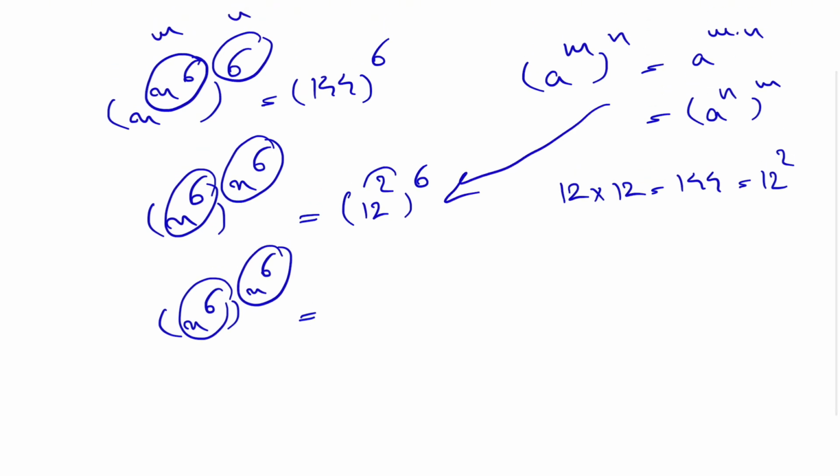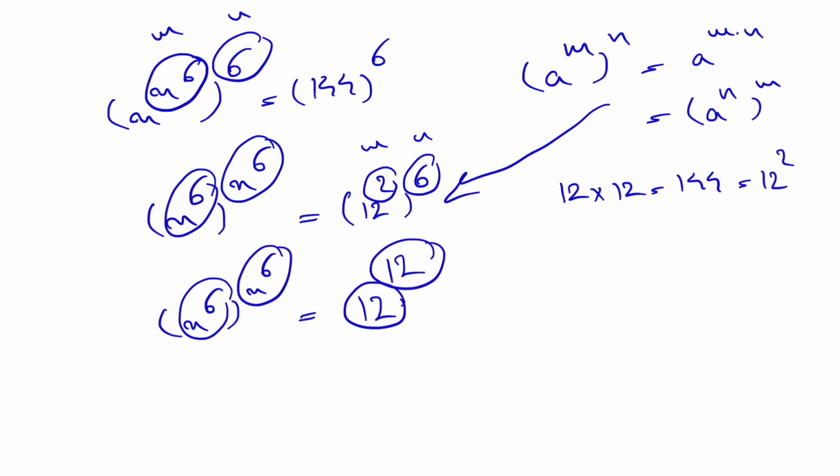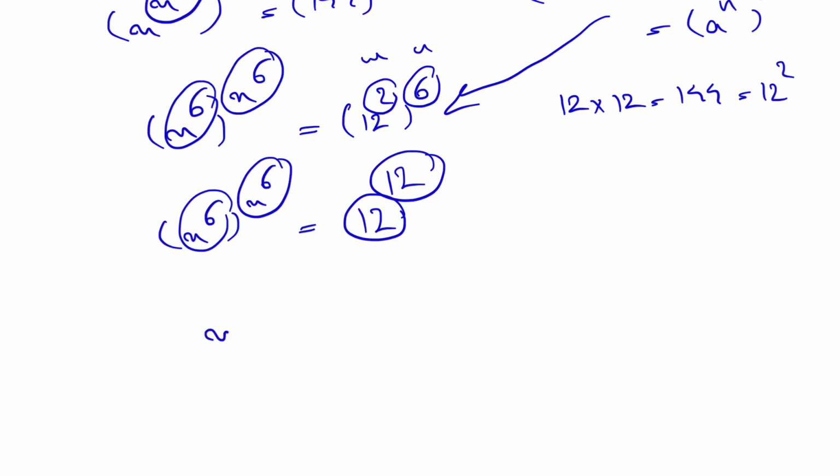We have another m here and another n here, so we can do 12 to the power of 12, and there we go, we found it. We have x to the 6, x to the 6, and 12, 12, and that shows that x to the x is 12 by a simple comparison.